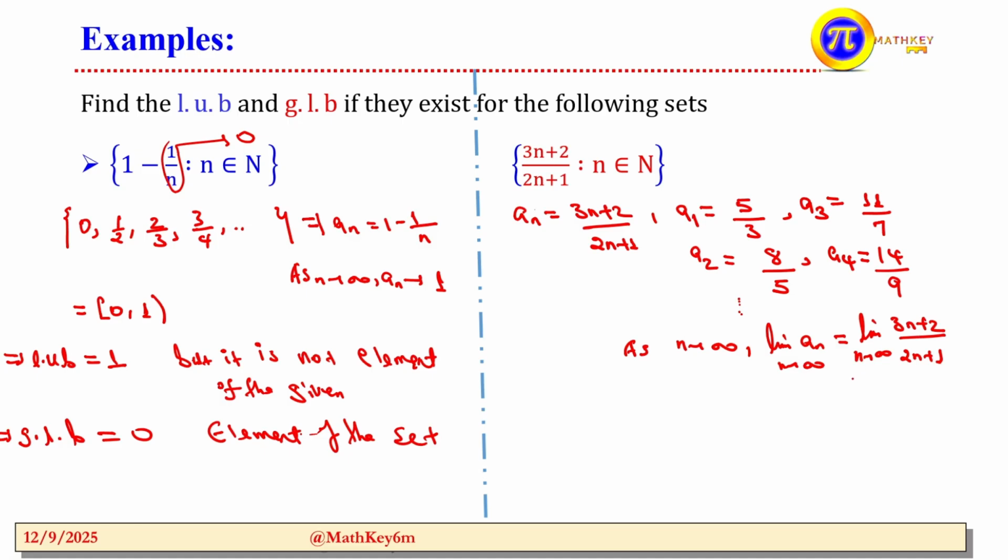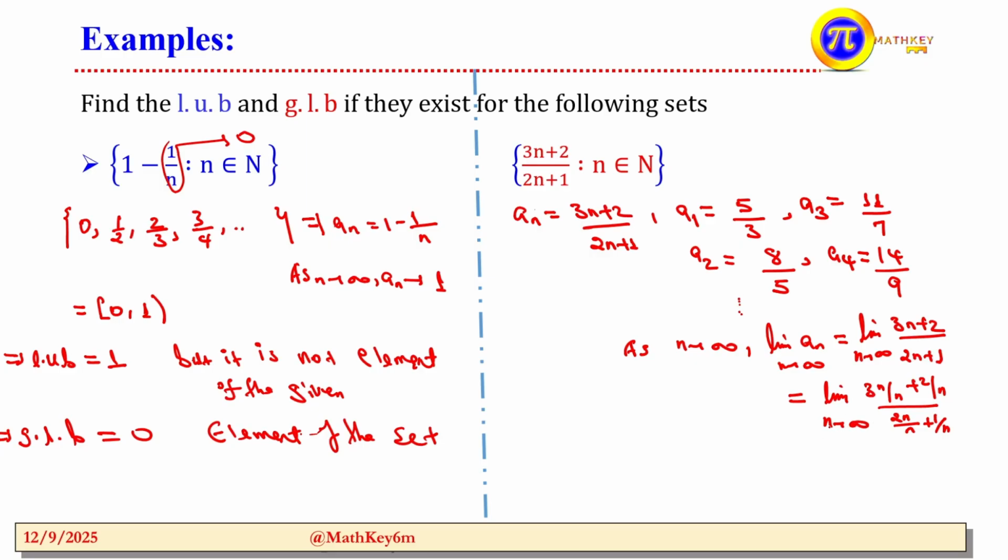Since it has the infinity over infinity form, we can divide each term by n, the highest degree of the denominator, which is equal to the limit of 3n divided by n plus 2 over n, divided by 2n over n plus 1 over n, as n approaches positive infinity.